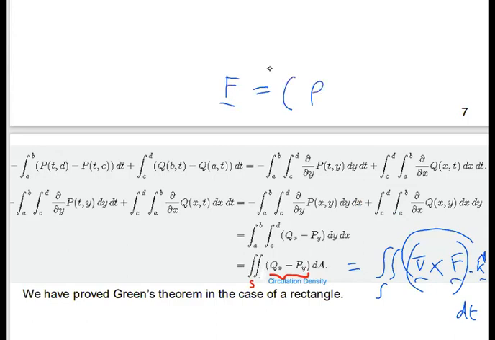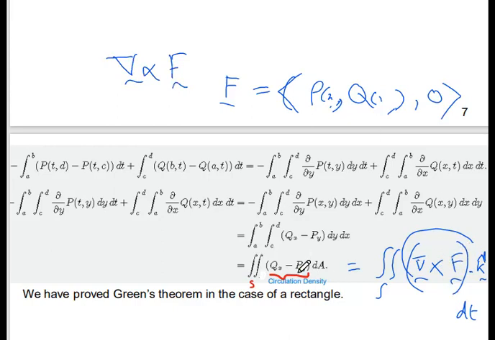P, the first function, is a function of x and y, and the other function is Q of x and y, and there is no z component. So when you take the curl, you get only the k-th component, which is the circulation.